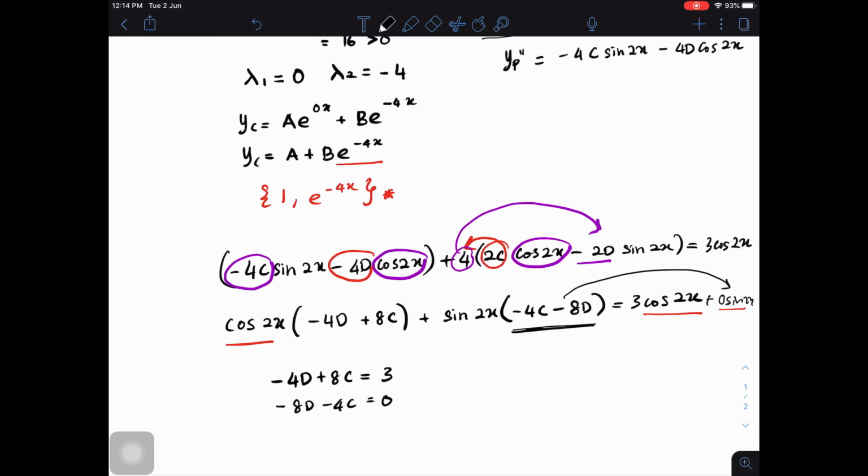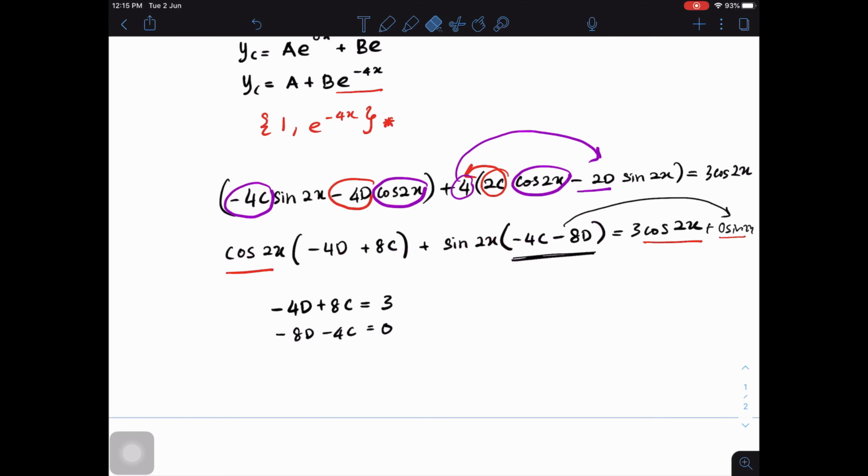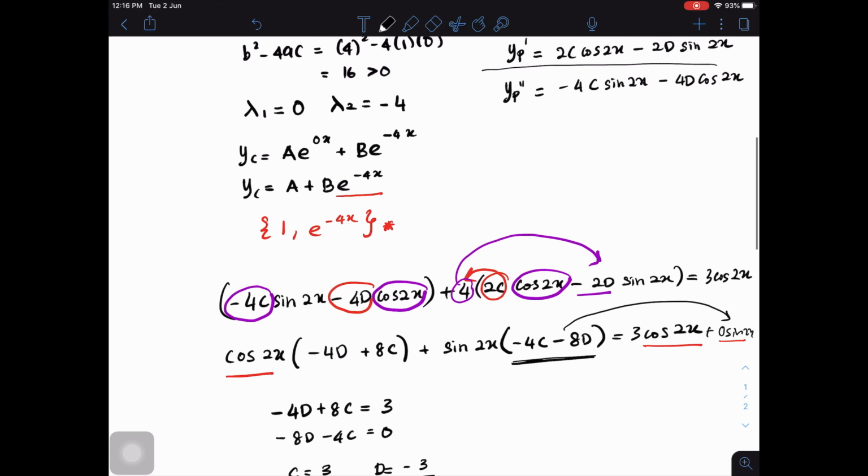Let's solve this either by using a calculator or manually. You will get your c equal to 3 over 10, and you will get your d equal to negative 3 over 20. So you can solve this by using a calculator. When you get these values of c and d, you can substitute them back in your yp.